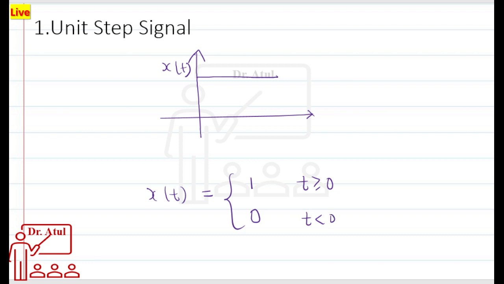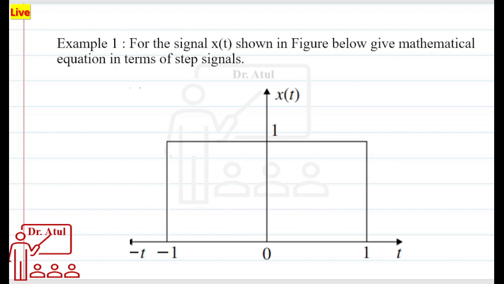This is the unit step signal. Now we have to use this signal to represent any other signal. For example, if we have a signal like this, for this signal x(t) shown in the figure below, provide mathematical equations in terms of step signal. You will get questions like this in the exams.